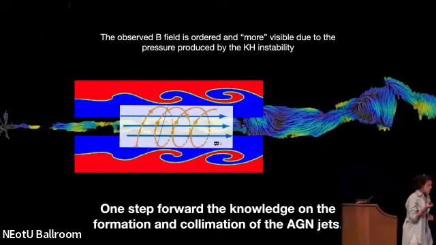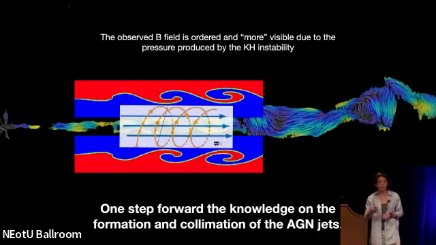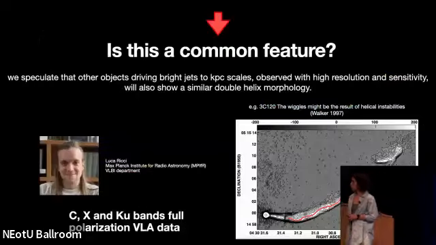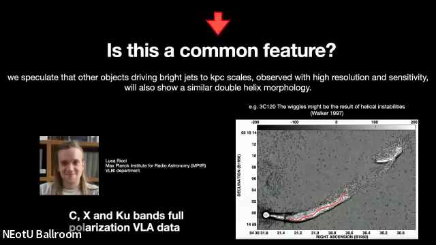So the question was why we see helical magnetic fields up to kiloparsec scales. So that's the answer: a synergy between the Kelvin-Helmholtz instability and the helical magnetic field. So we ask ourselves if this is a common feature.